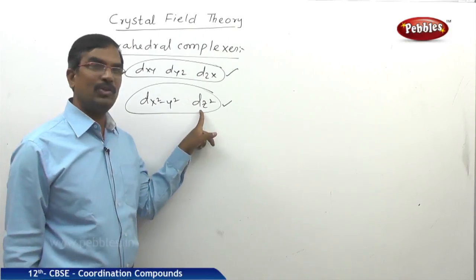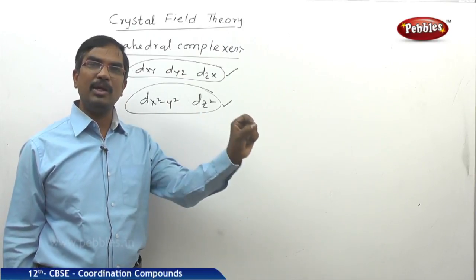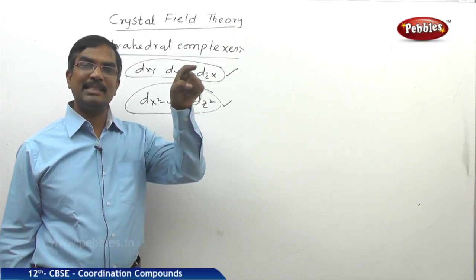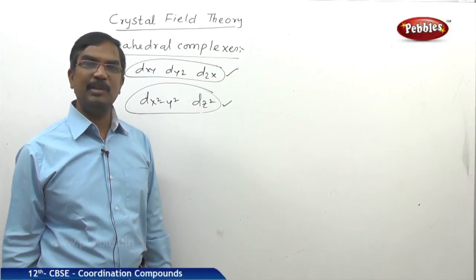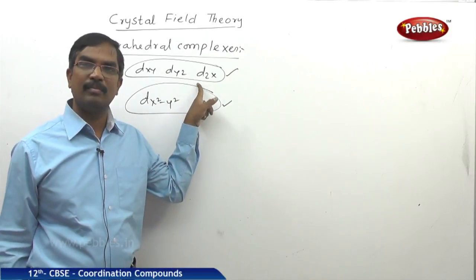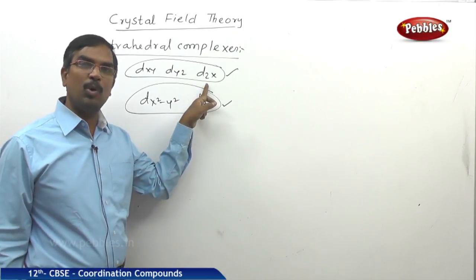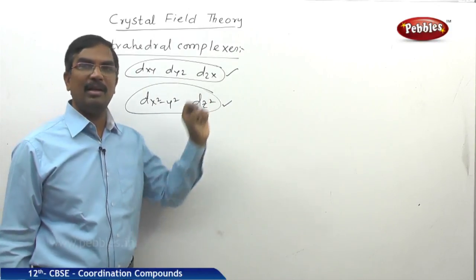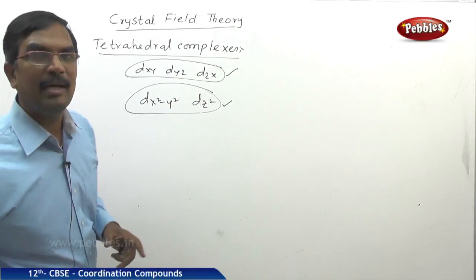These 2 are pointing towards the face center. The distance from the corner to the center of the edge is small when compared with the distance from the corner to the face center. That means these are close. That's why these will interact more with the ligands.